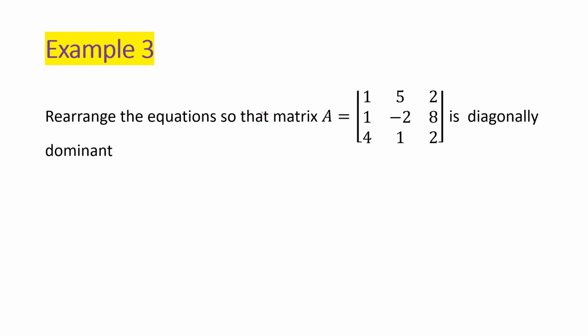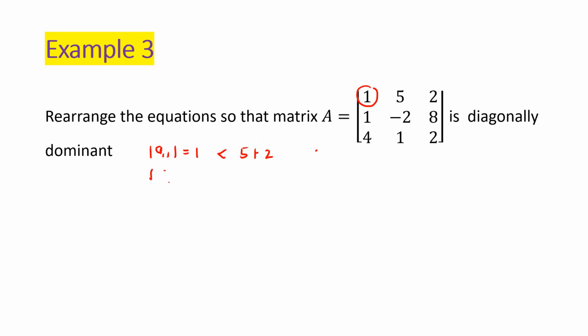Example 3: arrange the equation so that matrix A equal to [1, 5, 2; 1, -2, 8; 4, 1, 2] is diagonally dominant. First of all, if you observe, magnitude A11 is equal to 1. It's actually less than 5 plus 2, so this one is less than, not greater than.